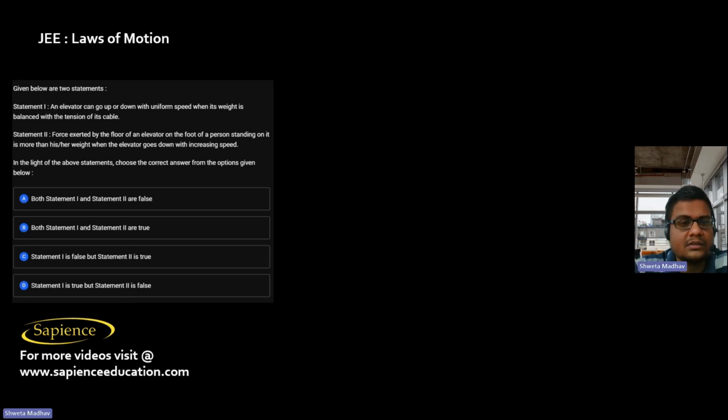Then here it is told, statement 1: an elevator can go up or down with uniform speed when its weight is balanced with the tension of its cable.